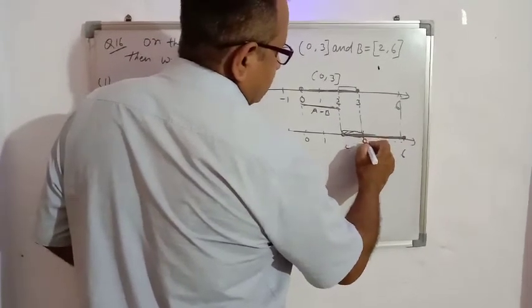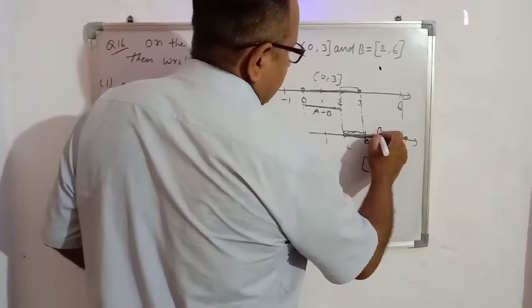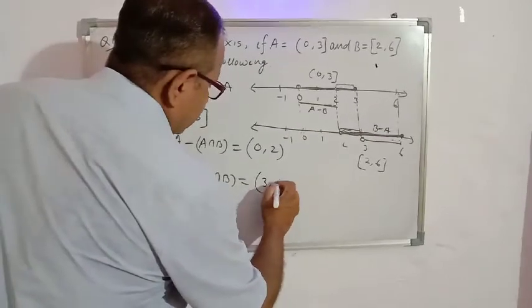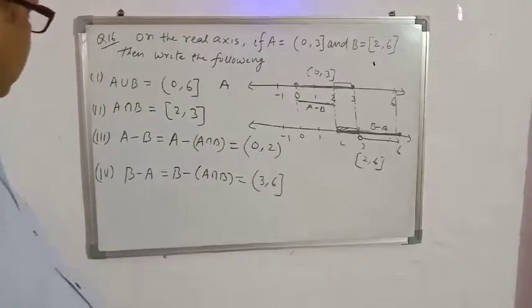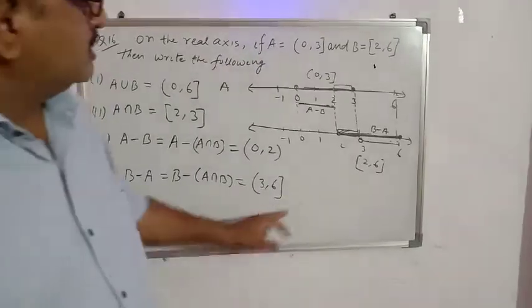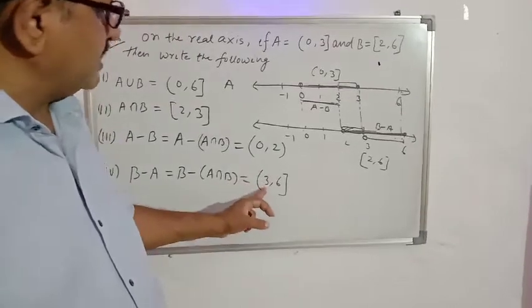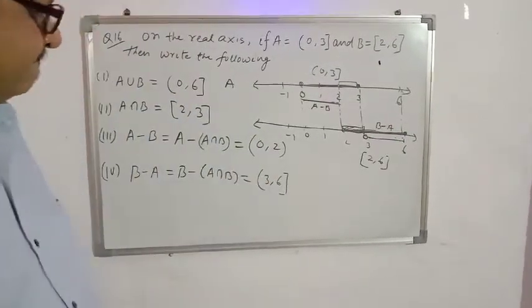This region 3 to 6 is B minus A. So we write here the open-closed interval (3, 6]. 3 we have removed, so 3 is not included. We make it open on the 3 side, and 6 is included, so closed at 6.